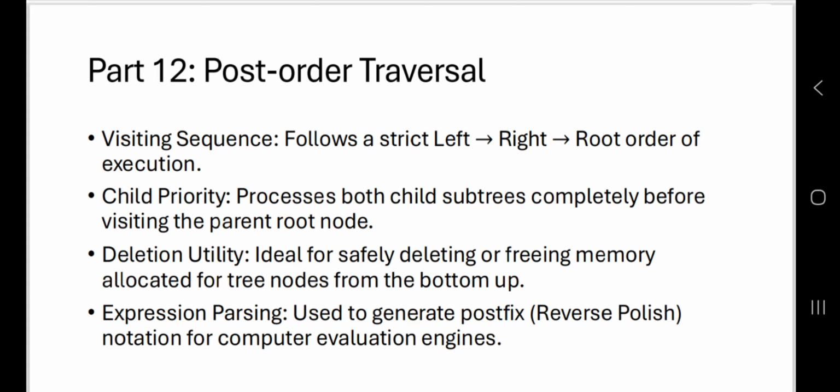This makes it an ideal deletion utility, perfect for safely deleting or freeing memory allocated to tree nodes from the bottom up. It is also used to generate postfix reverse Polish notation for computing evaluation engines.